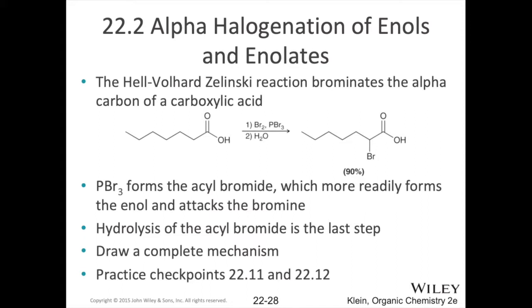All right. Now, as we saw in the previous chapter, acid halides are very reactive, and so this encourages the formation of the enol, and then once the bromine is on the alpha carbon, you can readily hydrolyze that acyl bromide back to a carboxylic acid.